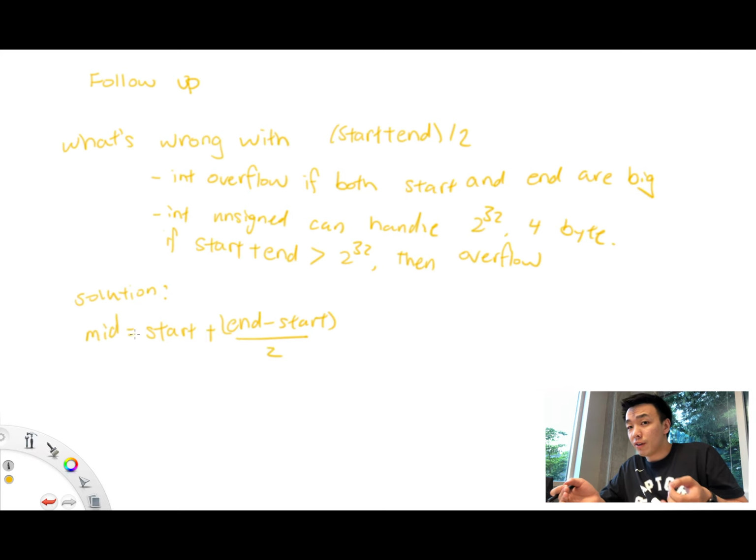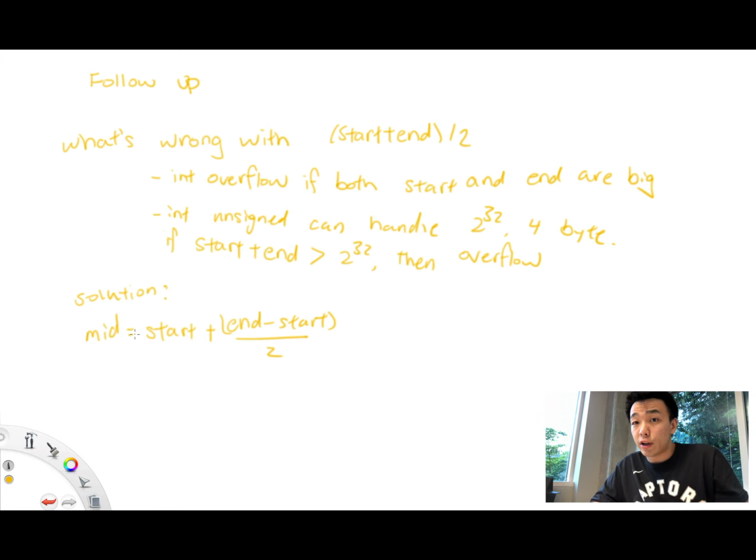So when you compute start plus end, if it's bigger than 2 to the 32, since an integer is 4 bytes, we'll get an overflow problem. So what do we do? If we want to solve the overflow problem, we should take the displacement from where we start, do the difference, and divide by 2, and that should give us the number.